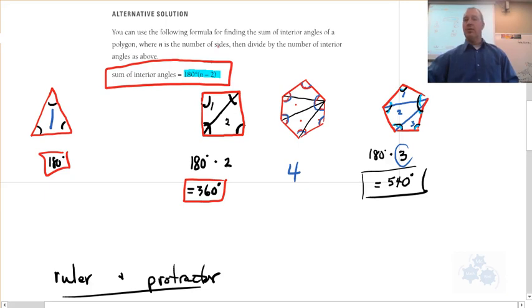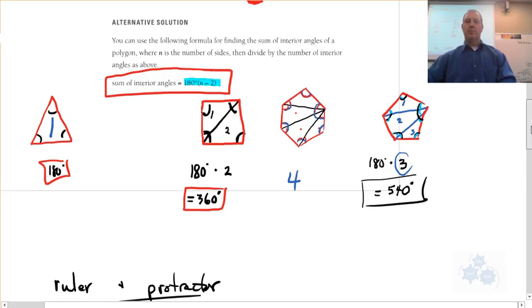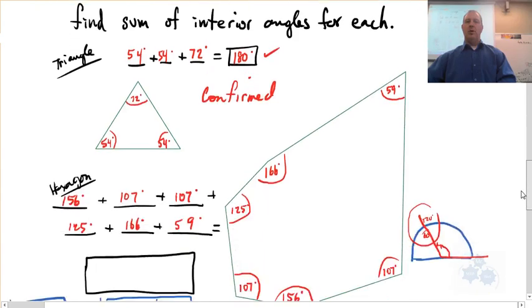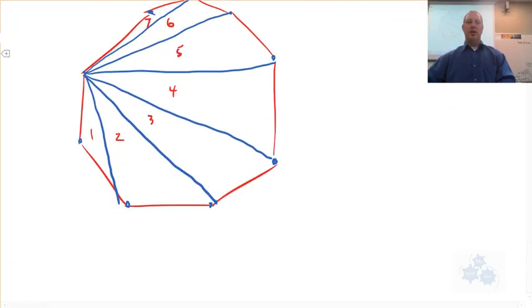So please write that down in your notes right now. 180 times n minus 2. So the sum of the interior angles of a polygon is 180 times n minus 2.